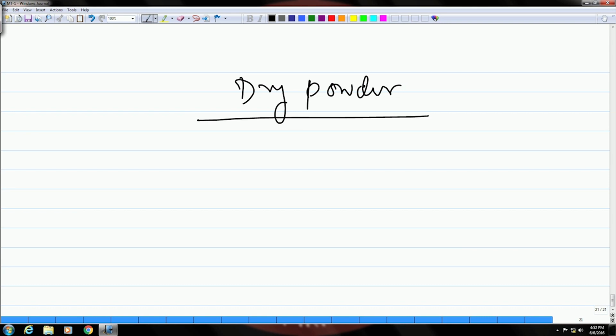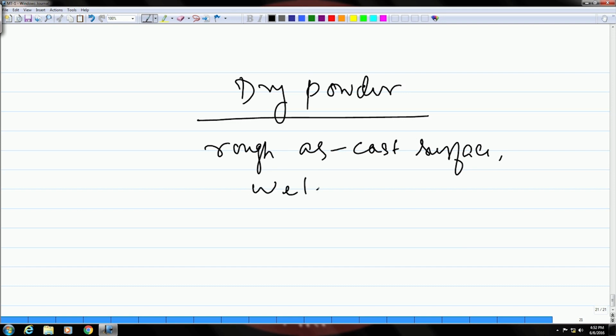Okay. So, if you talk about the dry powder, it is good for rough surfaces like a rough as-cast surface. Also recommended for welds, because there again you have a very rough surface on the weld itself.